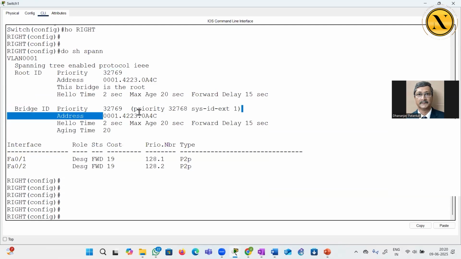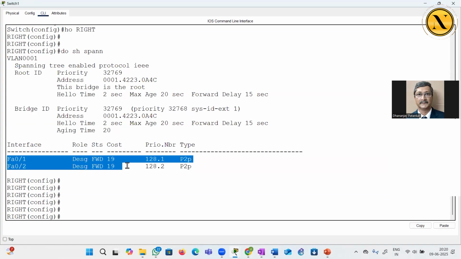Is my MAC address and the root bridge's MAC address the same? Yes or no? Same. Therefore, I am the root bridge. Got it? It's mentioned here, right? Therefore, all my ports are in the forwarding mode and they are known as designated ports. Understand?